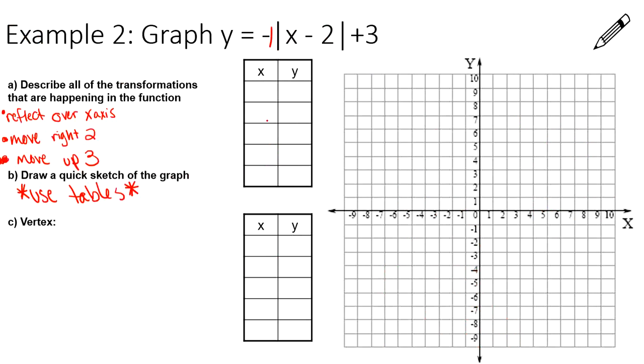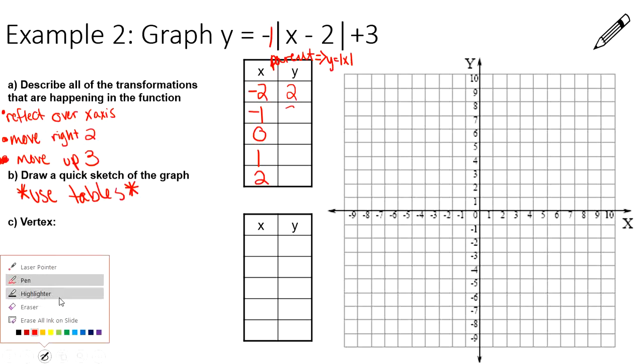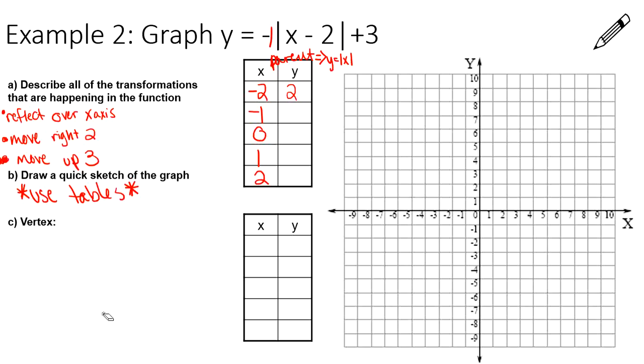So what do I mean? Let's first plug in -2, -1, 0, 1, 2. Those are always going to be my x values, and we're calling this the parent table. Remember, the parent table is using the parent function y is equal to just the absolute value of x, which means all these numbers are going to be positive, like we did on the very first slide: 2, 1, 0, 1, 2.